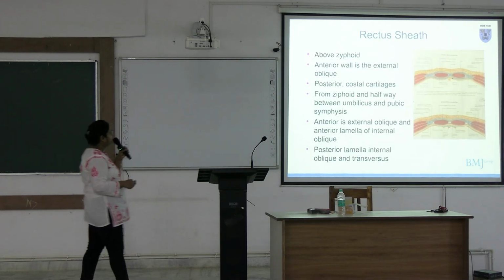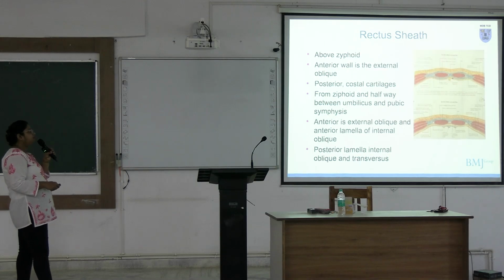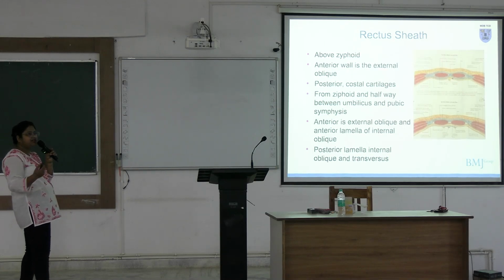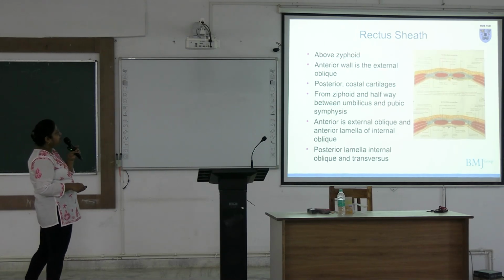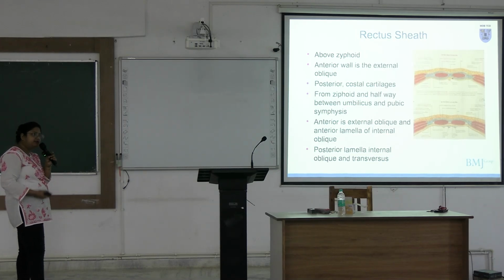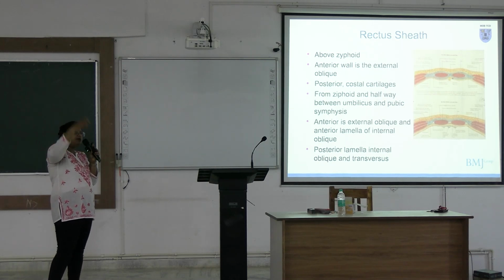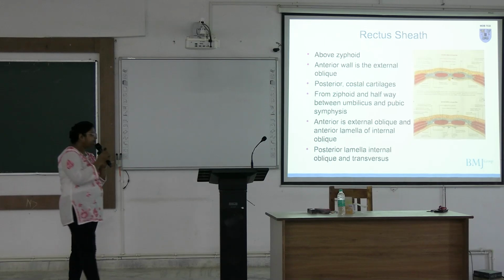So for the rectus sheath above the xiphoid, the anterior wall is formed by external oblique, and the posterior layer by costal cartilage. From the xiphoid to halfway between the umbilicus and pubic symphysis, this is the level of the arcuate line. Okay, and the arcuate line is formed by the lower margin of the fascia transversalis.